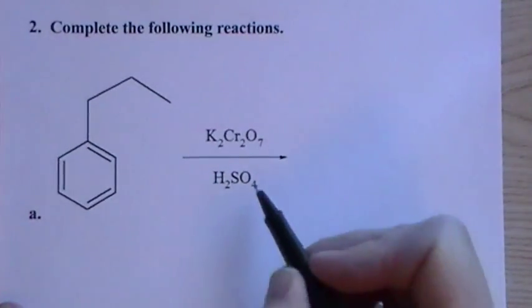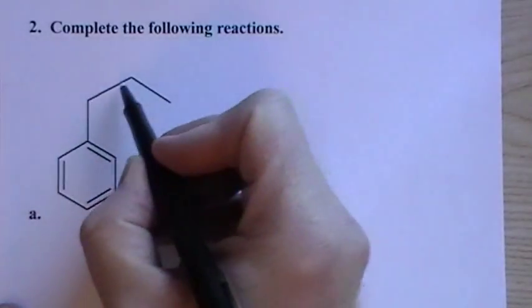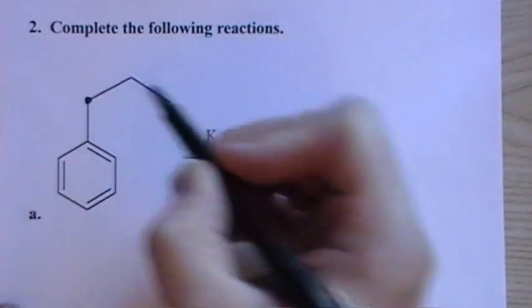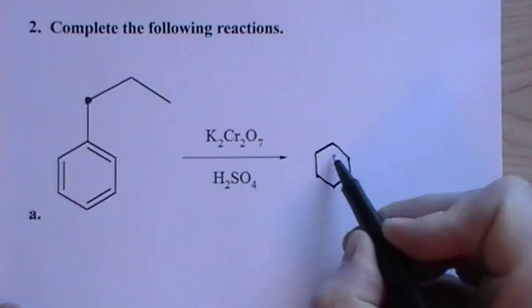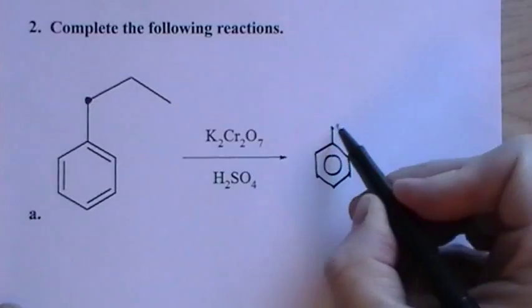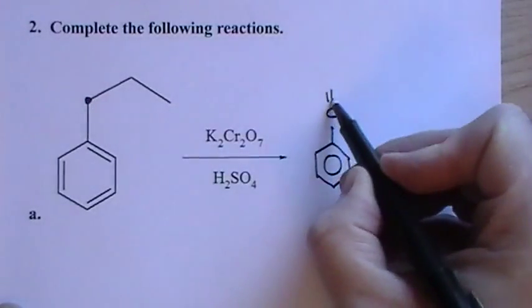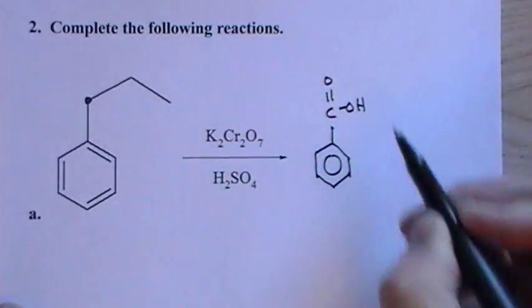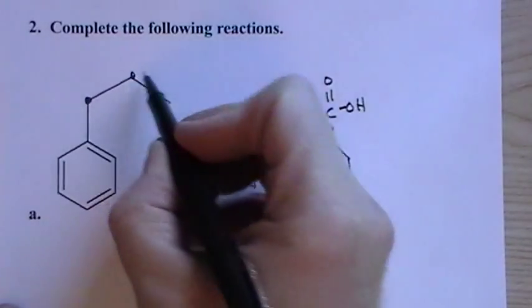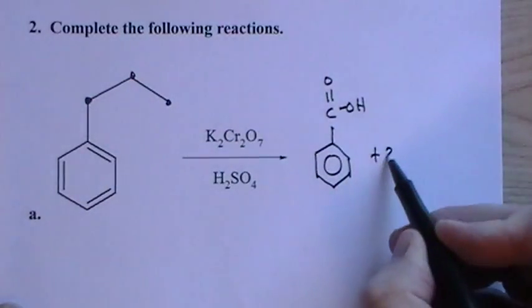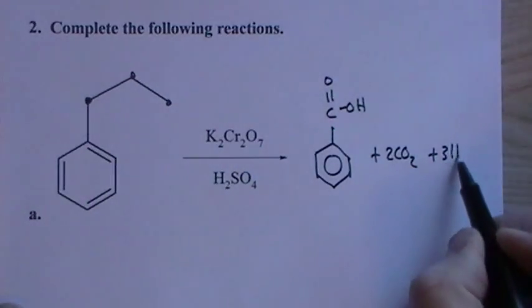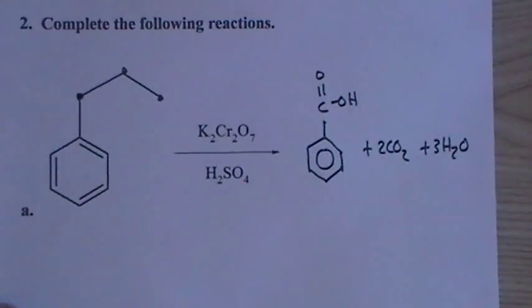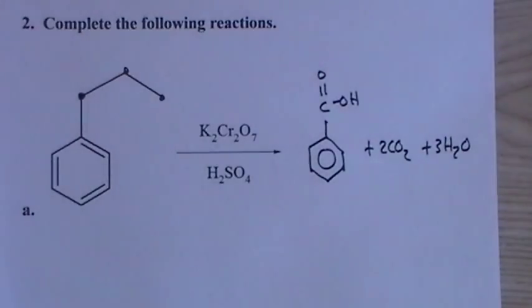This set of reagents is going to trim away everything but one carbon. So if we do that, just going to draw it like that, we end up with that carbon turning into a carboxyl group, and the other two carbons become CO2. They really get oxidized, and then the remaining hydrogens become waters.